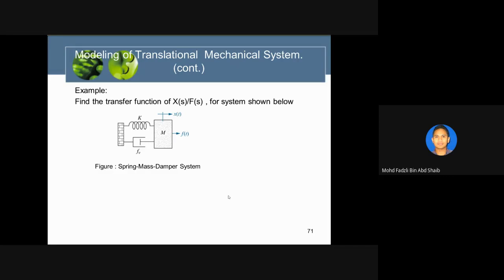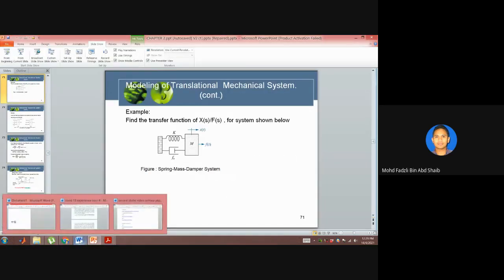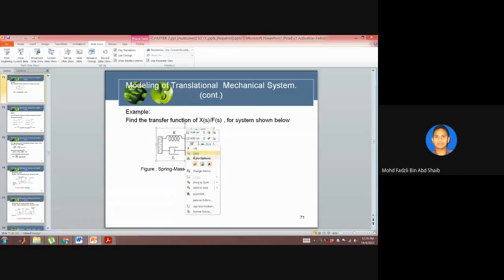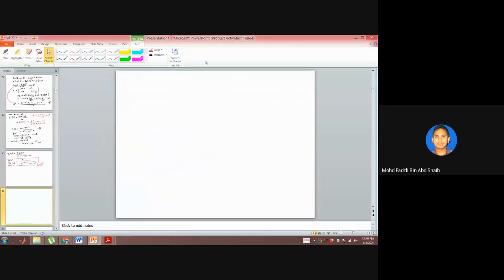Okay, we have T here. So this is the S domain.